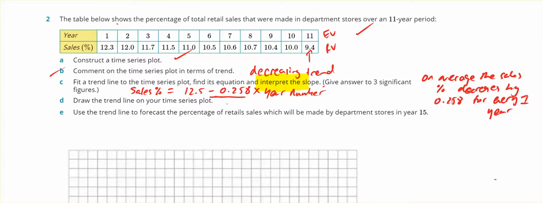So on average, the sales percentage decreases by 0.5258 for every 1 year.